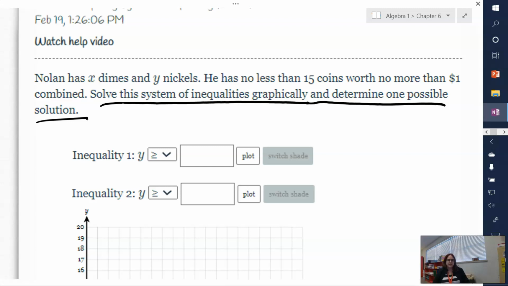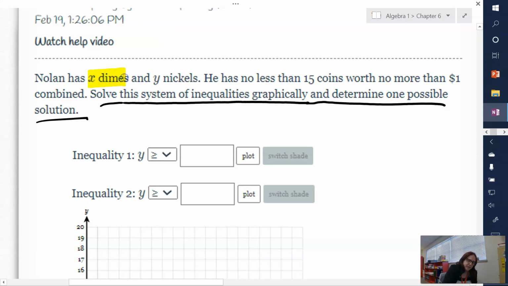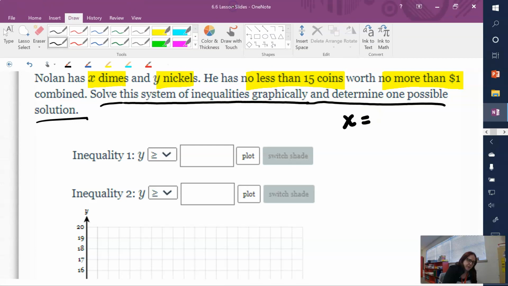And then the third read is asking me for the information. I have X dimes and Y nickels. And then he has no less than 15 coins and is worth no more than $1 combined. So X equals dimes. I want to use a thinner marker.